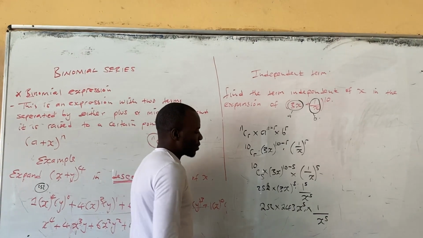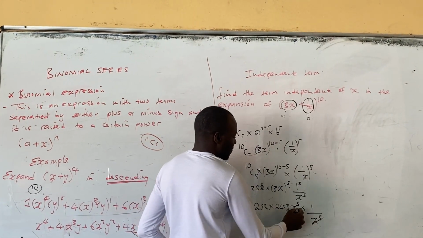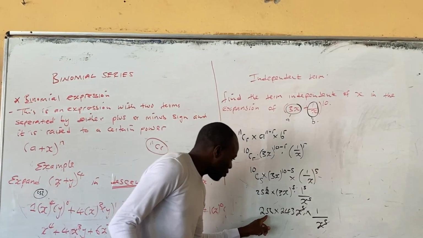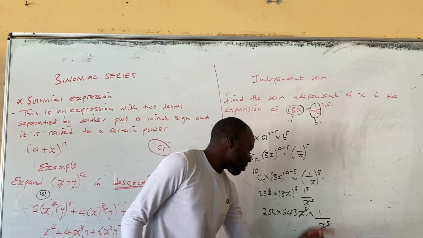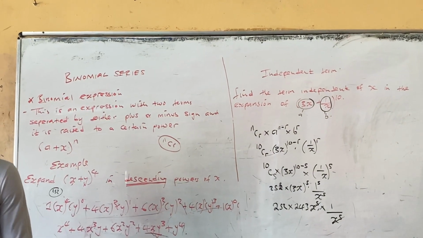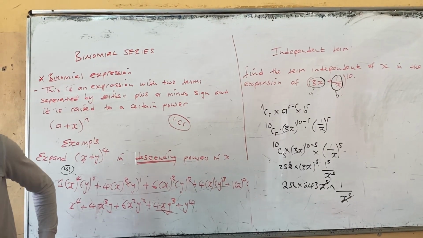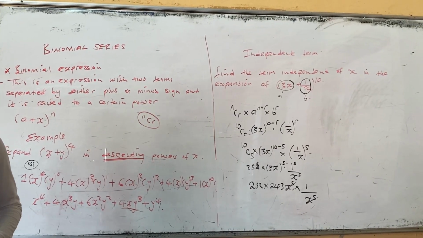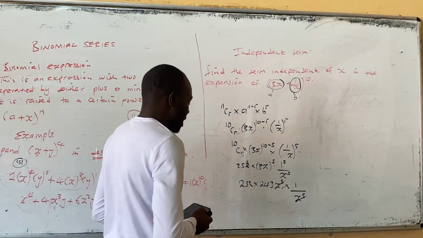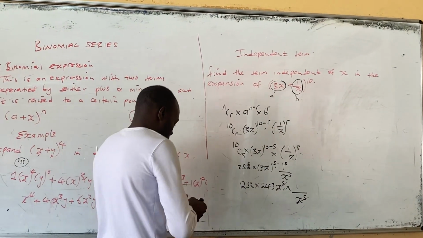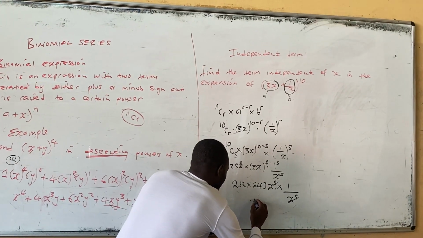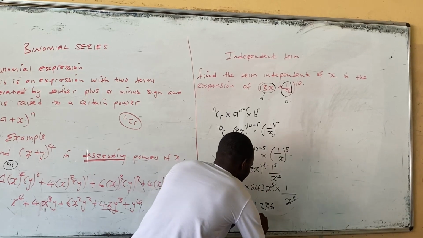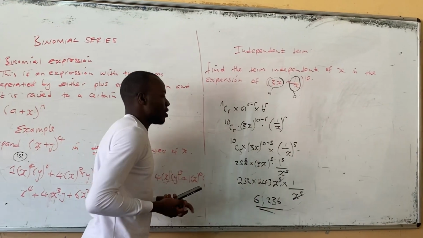Since we are multiplying x to the power 5 and 1 over x to the power 5, they cancel there. Then you remain with 252 times 243 times 1. That is the term which is independent of x. 252 times 243 times 1, we are getting 61,236.